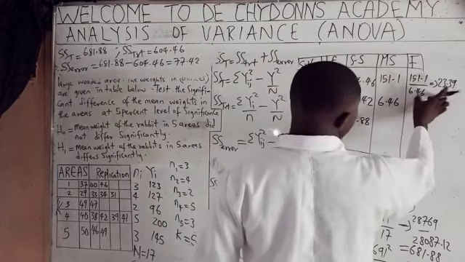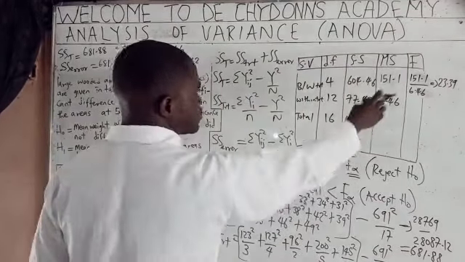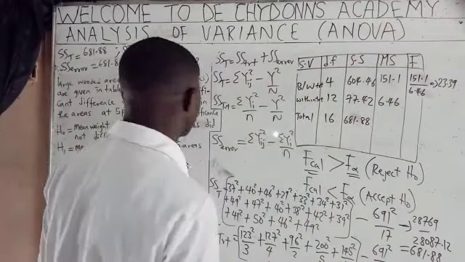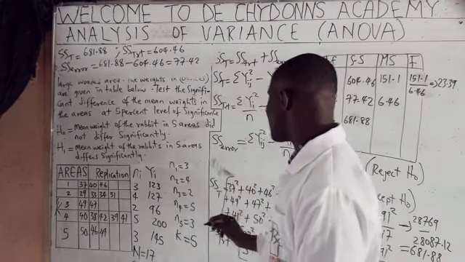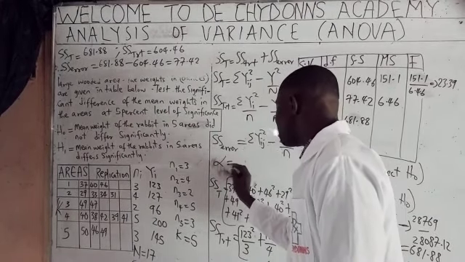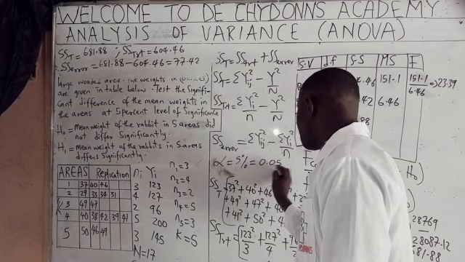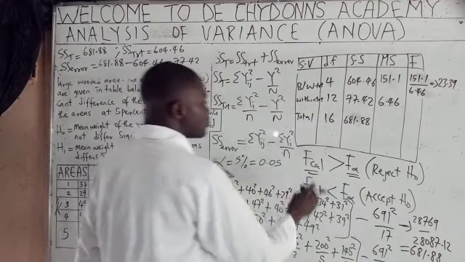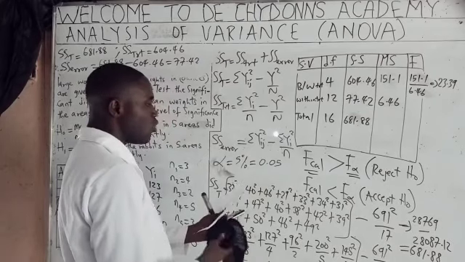This is taken to be the calculated F value. F calculated is what we have here. F alpha. Let's get our alpha. Now the question says at 5% level of significance. Alpha 5%. 5% means 0.05. So if you want to check this from your F table, see what you do.